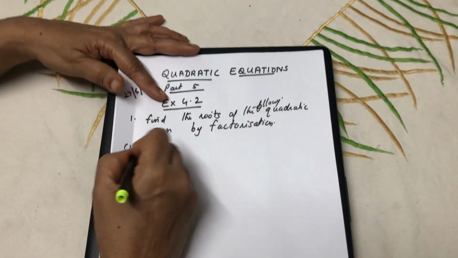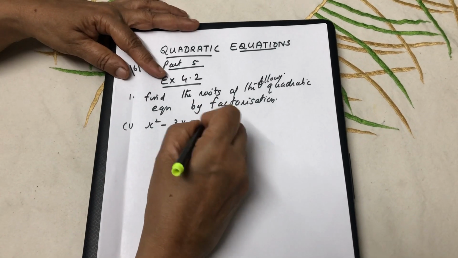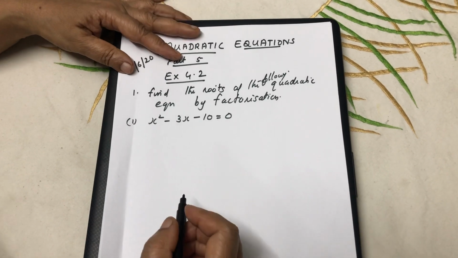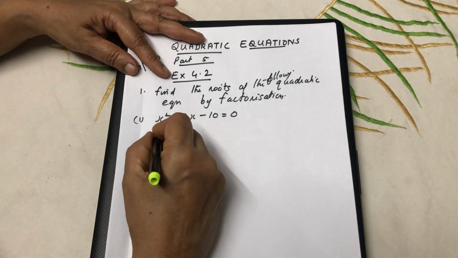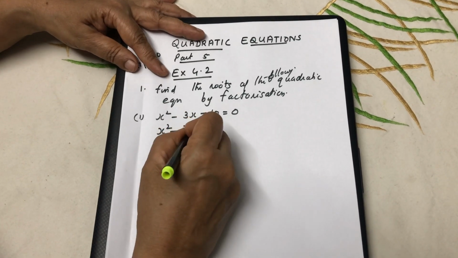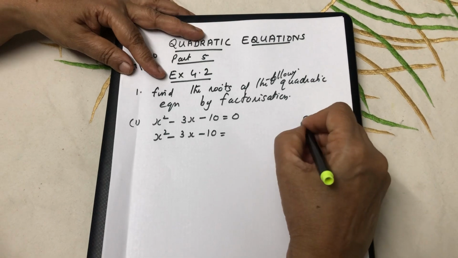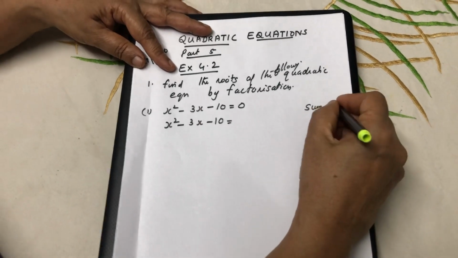The first question, x squared minus 3x minus 10 equal to 0. So, you have learned the splitting up of the middle term. X squared minus 3x minus 10: the sum is the coefficient of x, that is minus 3.